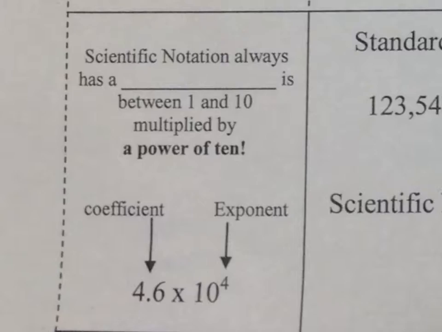Scientific notation will help us find a way to write that number in a more concise form. Okay, we're still under the scientific notation tab. Scientific notation always has a coefficient that is between 1 and 10. Coefficient means the number in front. So there's how you spell coefficient.